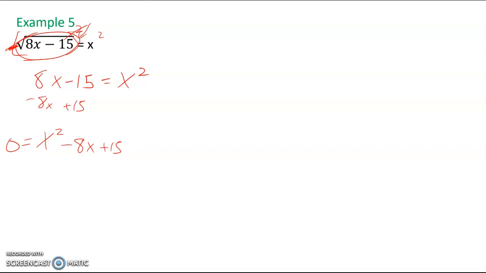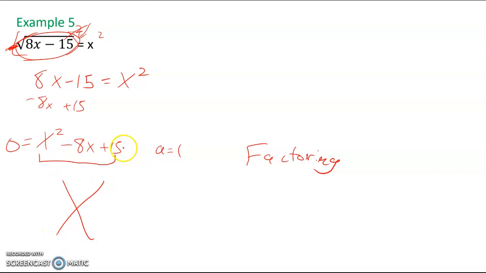Now, it's been a bit of time since we've factored, but we're going to go back to factoring a little bit, because if we look, we have ourselves a quadratic trinomial in which a equals 1. And remember how we factor our trinomials. We put the 15 at the top and the negative 8 on the bottom, and we need to find two numbers that multiply to positive 15 and add to negative 8.